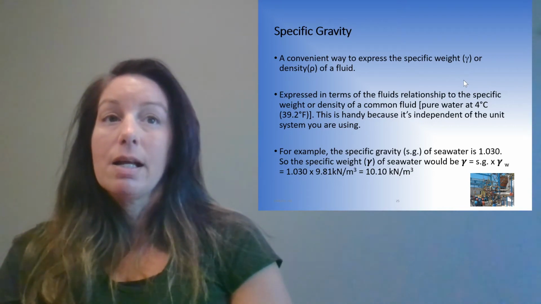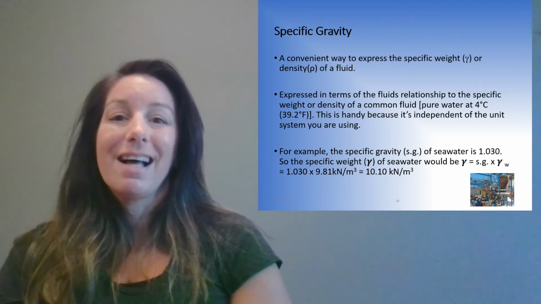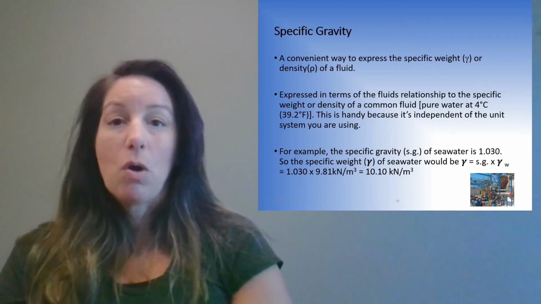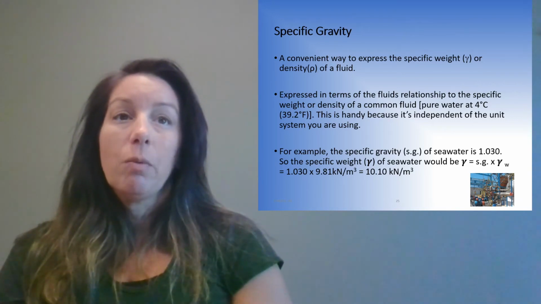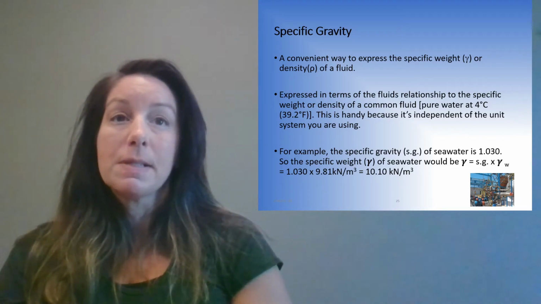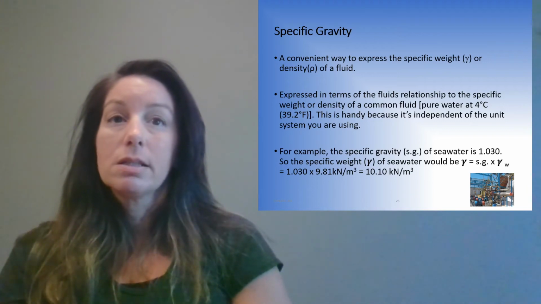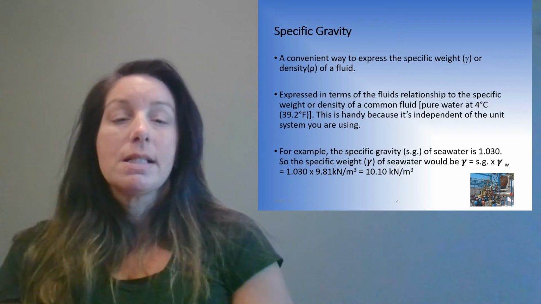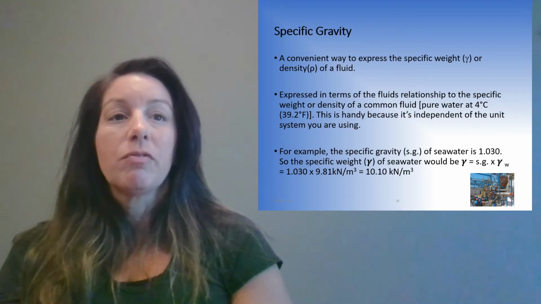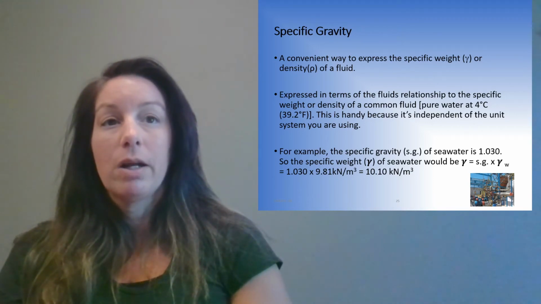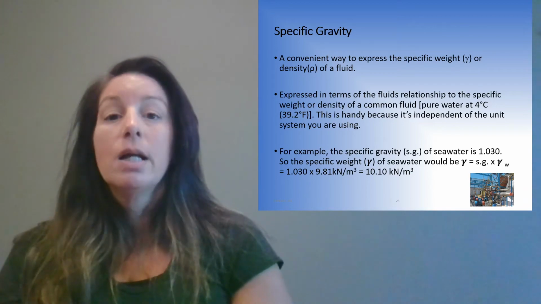Specific gravity. Specific gravity is an important concept. It's a convenient way to express either the specific weight or the density of the fluid. Okay, it's related to both of them. It's expressed in terms of a fluid's relationship with the specific weight or density of a common fluid.